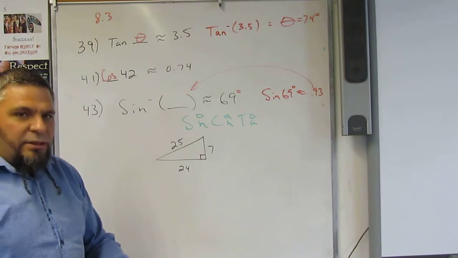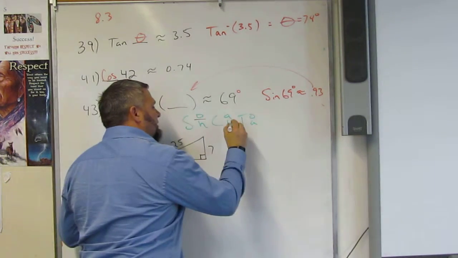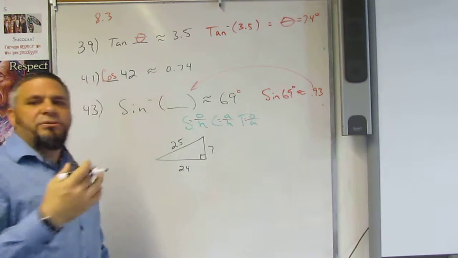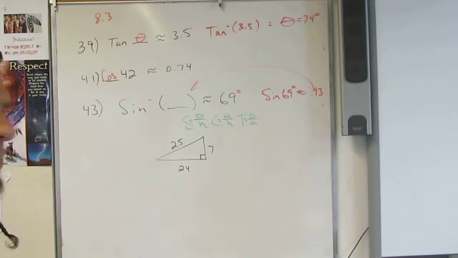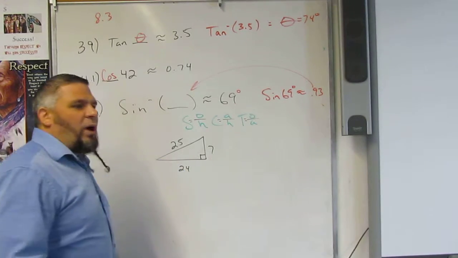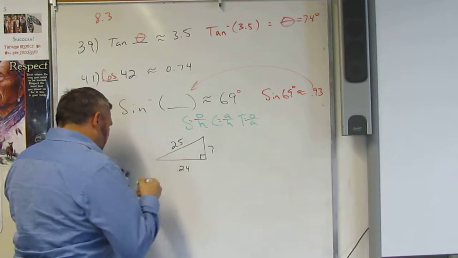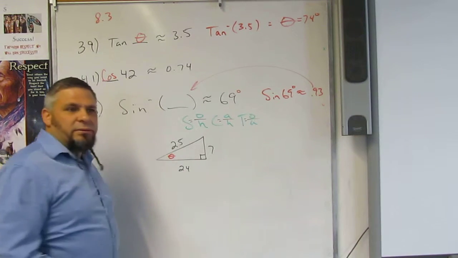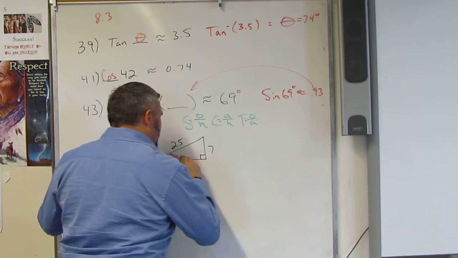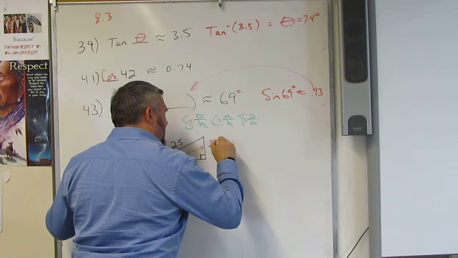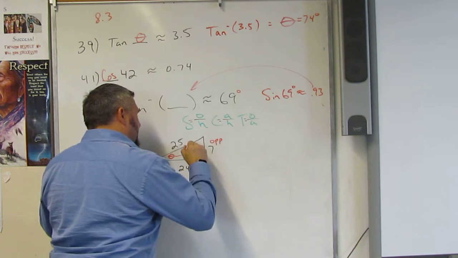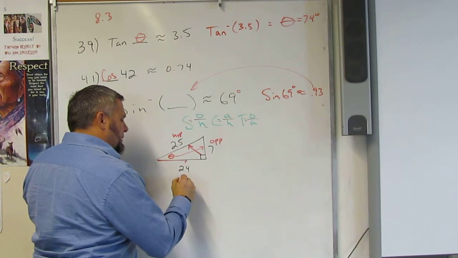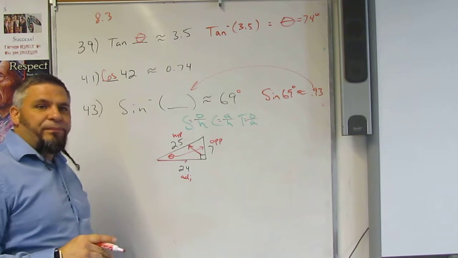Now, I have to think of what angle I want. If I want this angle, theta, then I'm going to look at this side as opposite, this side as always the hypotenuse, and this side as adjacent.